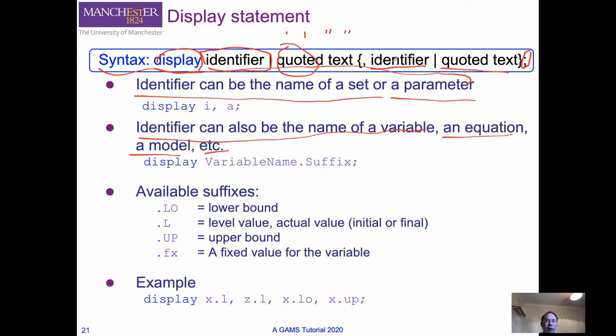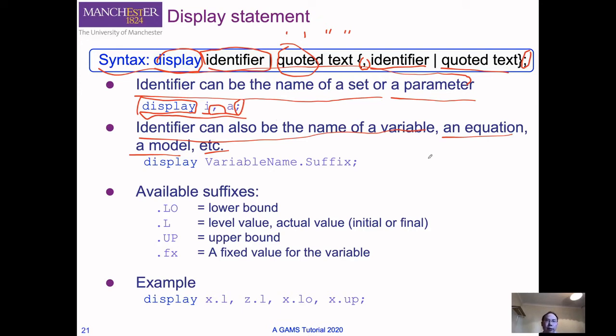Different identifiers in the same statement should be separated by using a comma. For instance, if we want to display the value of a set I and a scalar A, then we can write like this, starting from the keyword display, and then the name of the set I and the name of the scalar A. They are separated by using a comma. After finish, then we should use a semicolon.